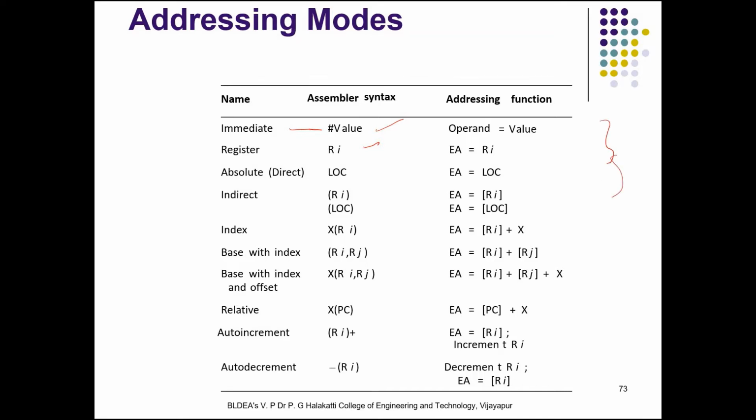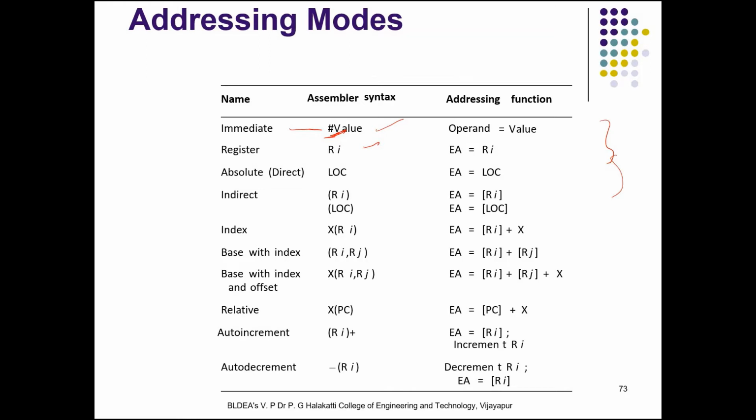Now we are using a symbol here, the hash. This hash symbol is used as a sign or a prefix for values. Whenever I want to say in an instruction that it is a constant value, I use hash. Now we can use either a variable or a constant for representing the memory location which holds the value.